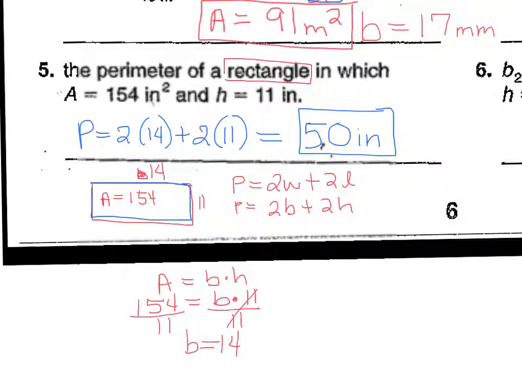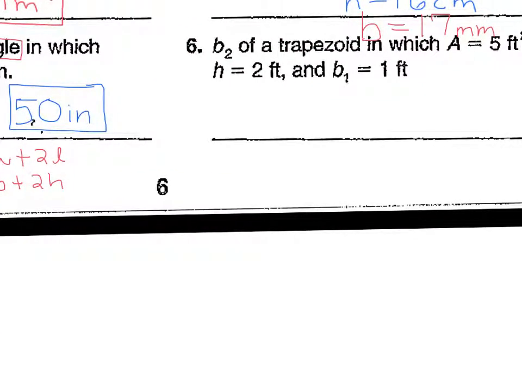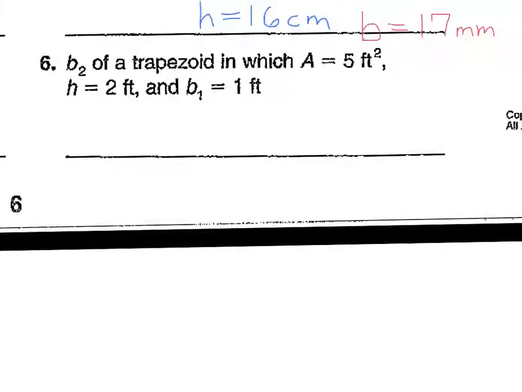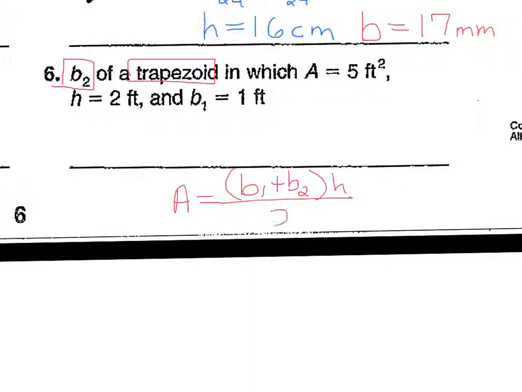Question number 6. In problem number 6, it's base 2 that we need to look for, and they're giving us the area. So again, I need to work the problem backwards, finding base 2. It's a trapezoid, so the formula for the area of the trapezoid is, I'm going to put it as, base 1 plus base 2 times the height, divided by 2.